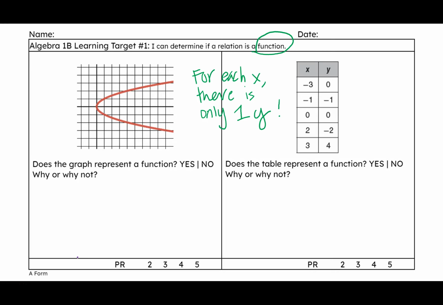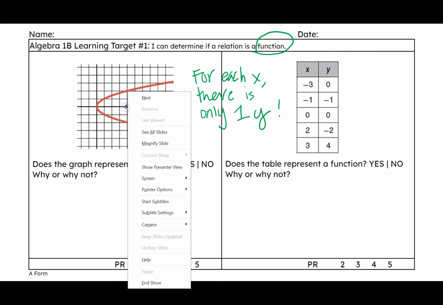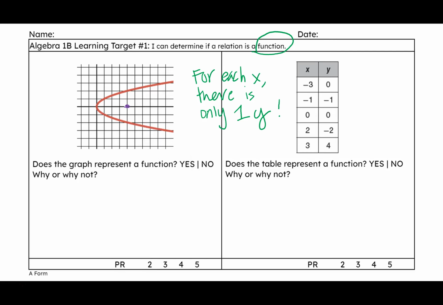So take a look here. Let's see, I'm going to pick a number here. Let's pick this number. This point right here would be 1, 2, 3. That's 4 for x. Right there. Let's see what we can get for y.